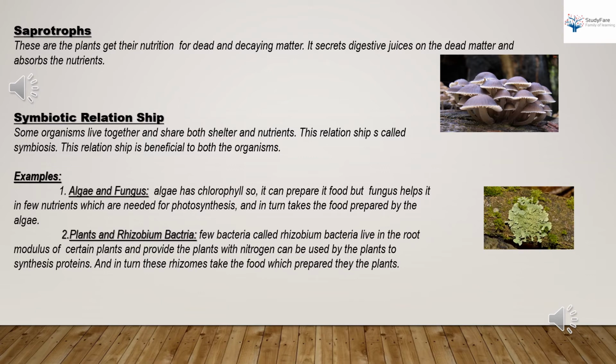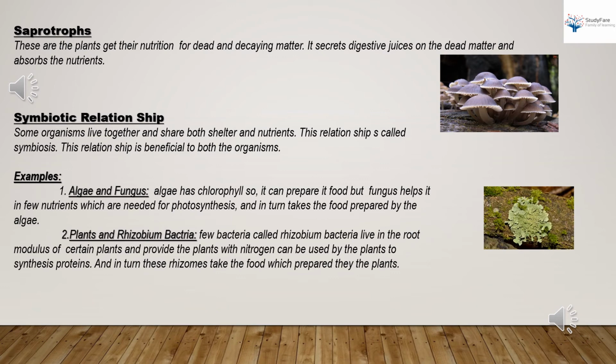These two live together and the combination of algae and fungus is known as lichens. Algae has chlorophyll, so it can prepare its own food, but fungus helps it with a few nutrients which are needed for photosynthesis by the algae, and in return the fungus takes the food which is prepared by the algae.